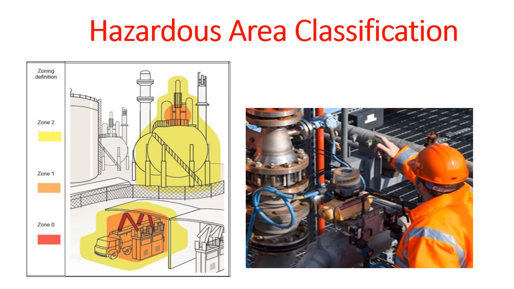Area classification is important because this gives an idea about the presence of flammable substance and what type of protection we should use for different electrical apparatus.